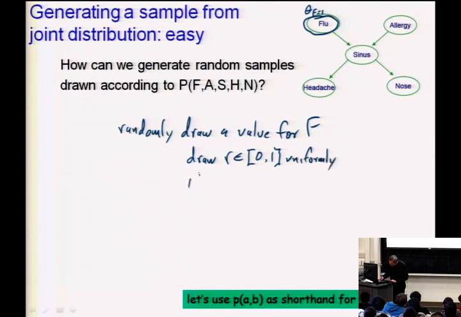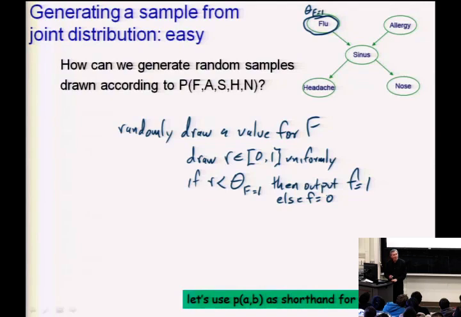And then if R is greater than theta, let me write the other way. If R is less than theta sub F equals 1, then we output F equals 1. Right? So let's take an example.